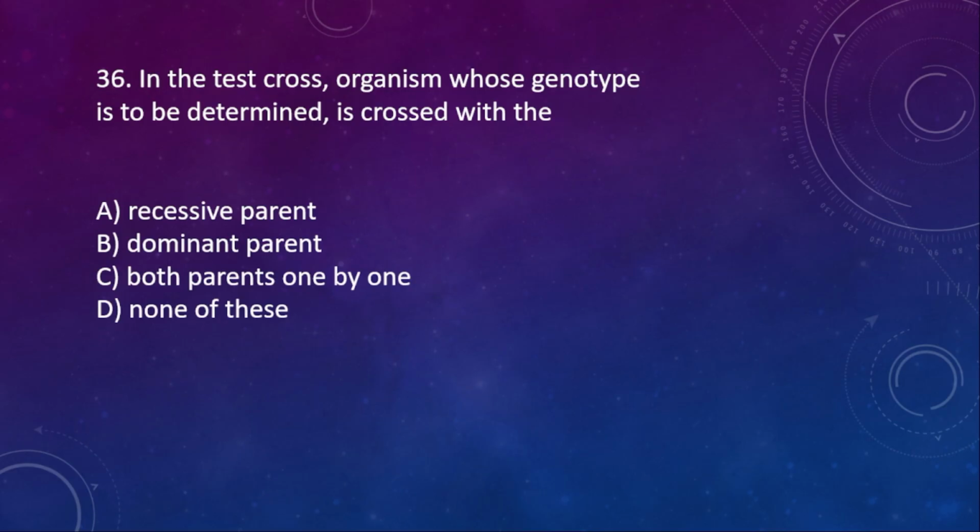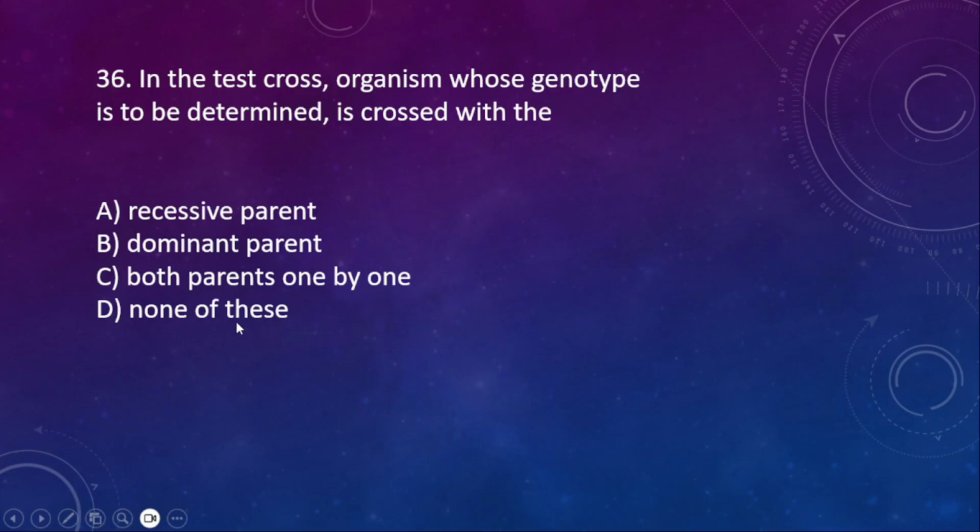So that's the 36th one. In the test cross, the organism whose genotype is to be determined is crossed with option A, recessive parent, option B, dominant parent, option C, both parents one by one, and then D, none of these.